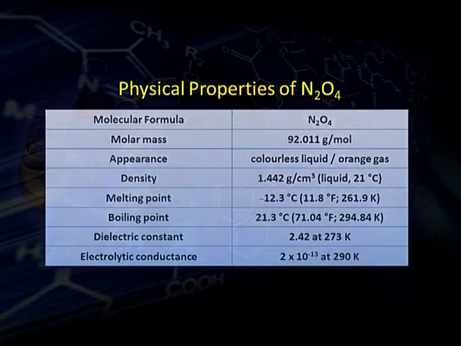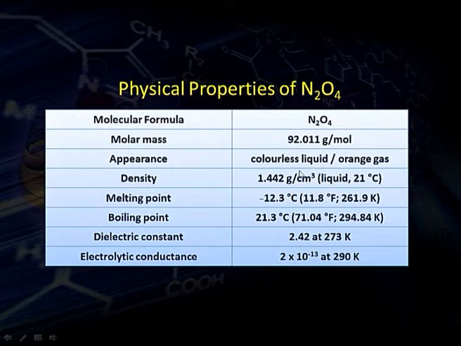This is the tabulated form of the physical properties. From here we can see that the molecular formula is N2O4, its molar mass is 92, its appearance is a colorless liquid, that means in the liquid state it is colorless, while in the gaseous form it has an orange color. Its density is 1.442 gram per centimeter cube at 21 degrees Celsius.